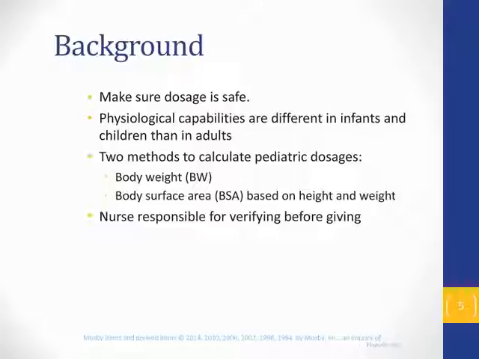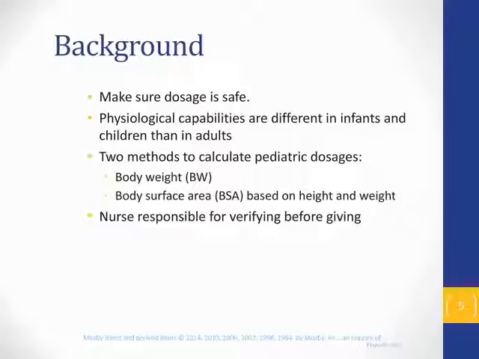There often is confusion, sometimes even with faculty, when you say the dosage is not safe. Their thinking, oftentimes mine included, was that if the dose is too high, then that makes it unsafe. But if it's too low, it's also unsafe because it's not going to be therapeutic.